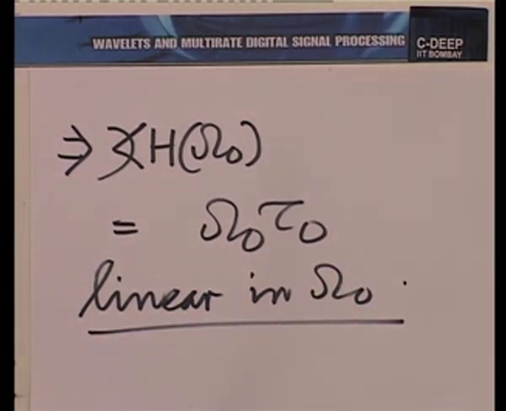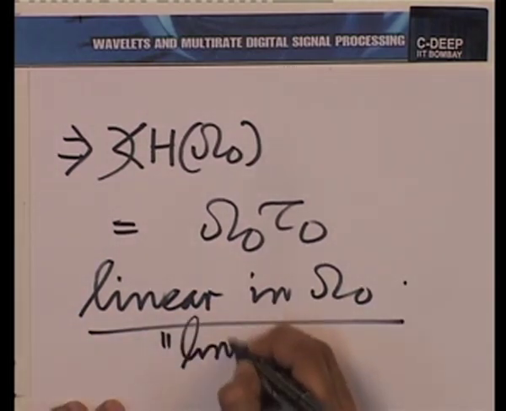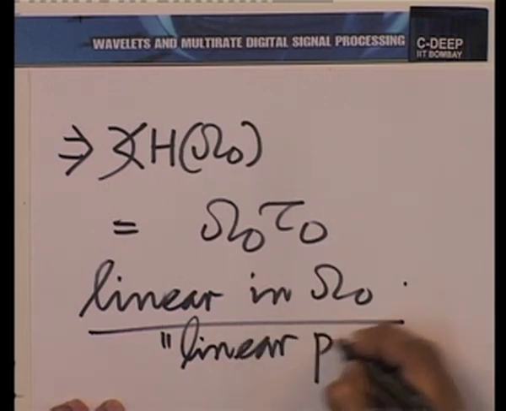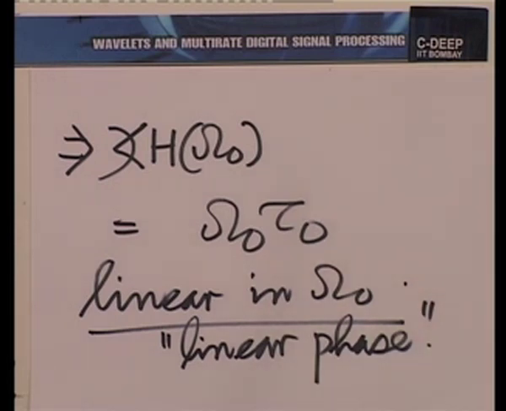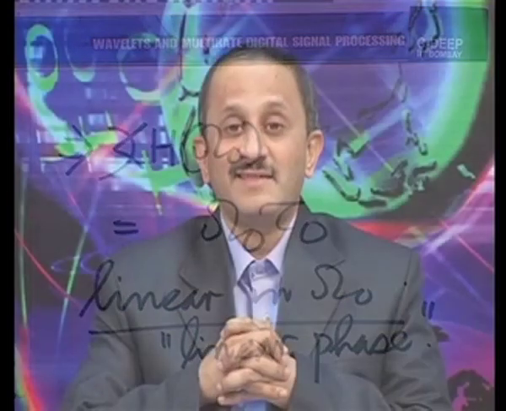That is why it is called linear phase. Now, this is what I am trying to emphasize at this point. This very simple filter bank, the Haar filter bank, has this beautiful property of linear phase.